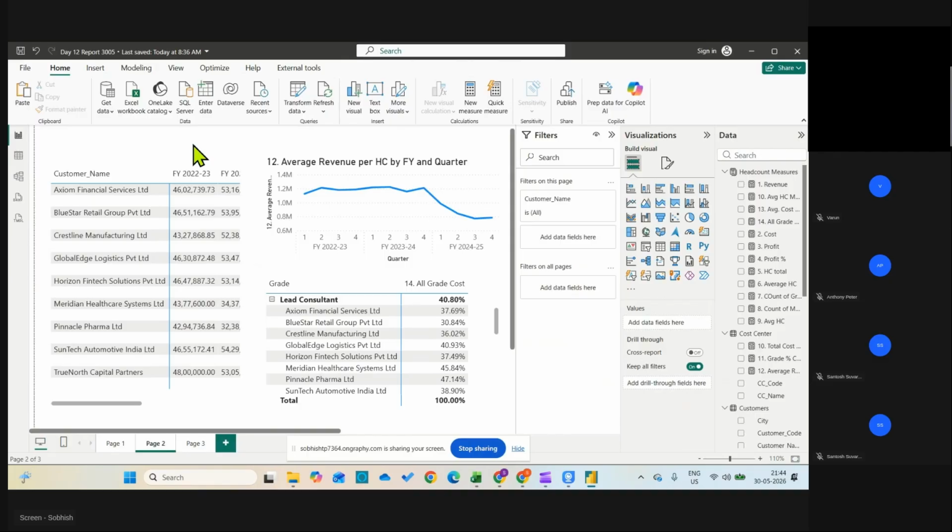So we are going to do that in the next session, and then we will complete the formatting and build the interactivity, and control the interactivity. In the next session, we will finish the headcount report, and then we can move to the next one. Okay, but the next session is Thursday. So my request is to try to finish this report till here before Thursday. And then any questions we can discuss throughout the week.